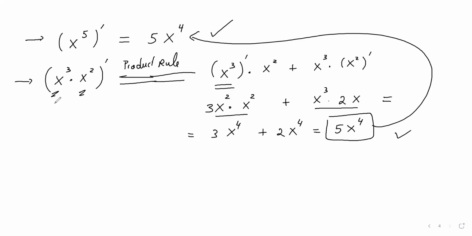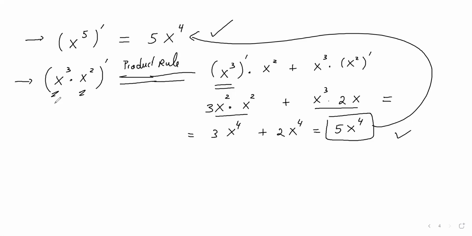There are other functions out there. Unfortunately, we did not discuss any other functions. If you look at the functions we discussed up to this point, it's only powers of x. It's either x cubed or x squared or x to the fifth or x to the negative 7 or x to the 1/2 for the square root and so on.